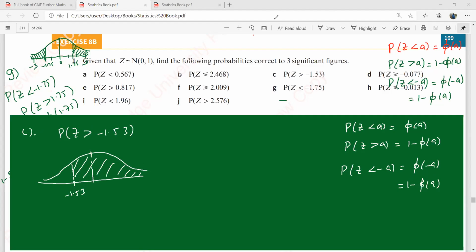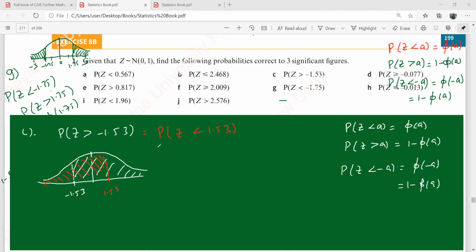And if you use the concept of symmetry here, you will see that this is going to be same as less than 1.53. The probability Z is greater than minus 1.53 is the same as probability Z is less than 1.53. Yes or no? Yes, sir.